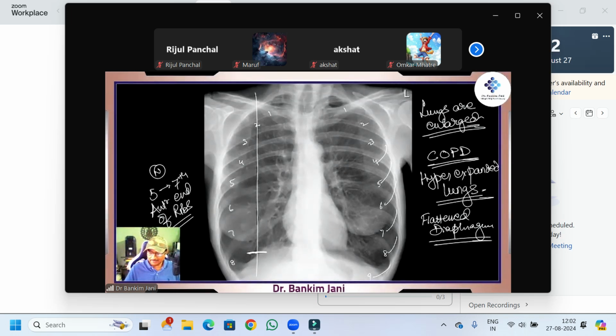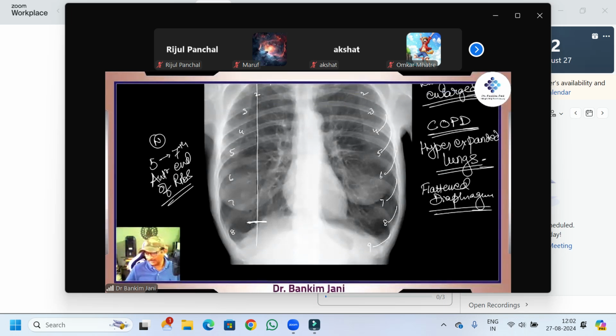Though it is not a radiology exam, I was a bit tempted to show you this particular image. Doesn't it look like this is the heart, and this poor heart is floating in air? The diaphragm has no support at all. Here is the diaphragm, here is the diaphragm.